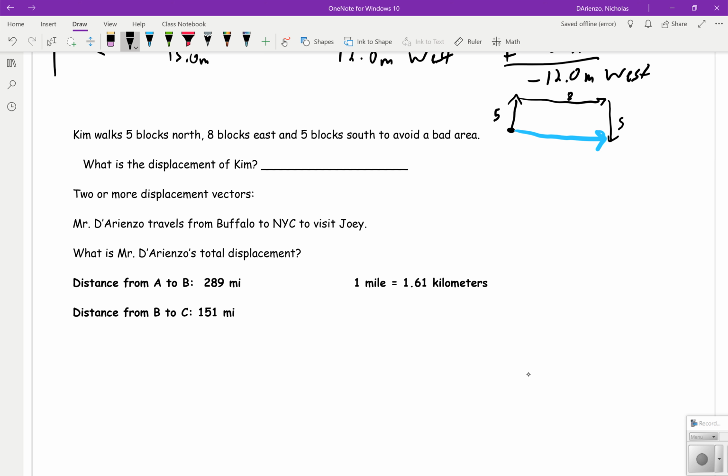So to find this displacement, we draw the arrow left to right, and we can see that this is 8 blocks as well. And that displacement, when drawn head to tail, would be 8 blocks east from where we started.